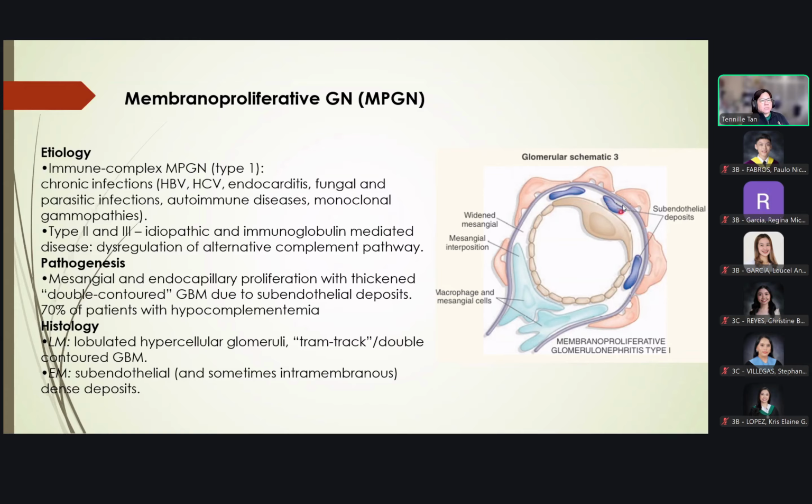However, you'll see the subendothelial deposits. Depending on where the deposits are, it can tell you what kind of GN the patient might have. Aside from that, you'll have a widened mesangial space, mesangial interposition, and of course you'll see some macrophages and mesangial cells in the mesangium.